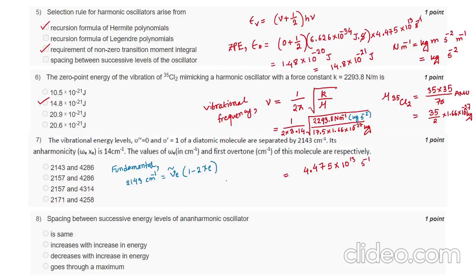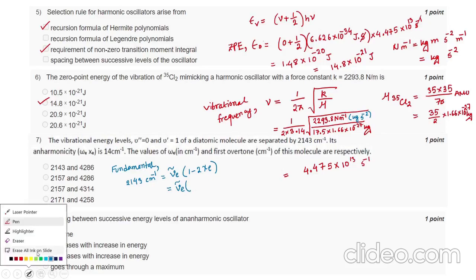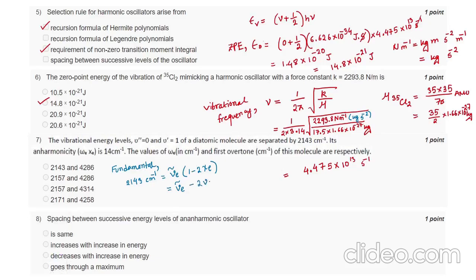Now we need to calculate what is your ωe, that is your equilibrium vibrational frequency. I will erase this bracket. I am expanding this: minus 2 ωe xe, and this value is given, right? 2 into 14 centimeter inverse.